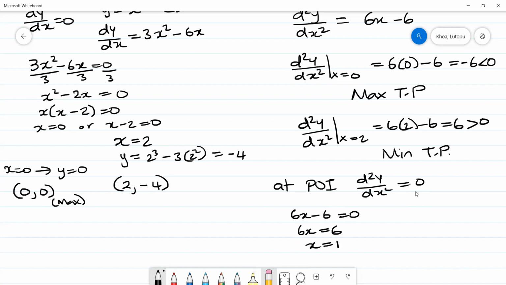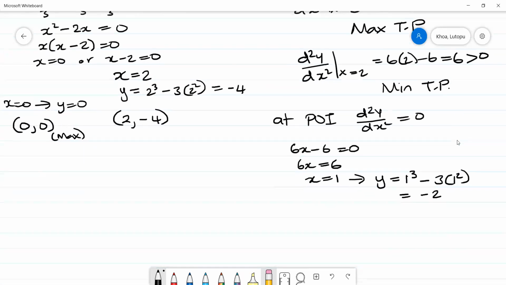This means x is equal to 1. So if x is equal to 1, we now solve for y. y is equal to 1 cubed minus 3 times 1 squared. This gives us 1 minus 3, which is negative 2. So we have a point of inflection at (1, -2).